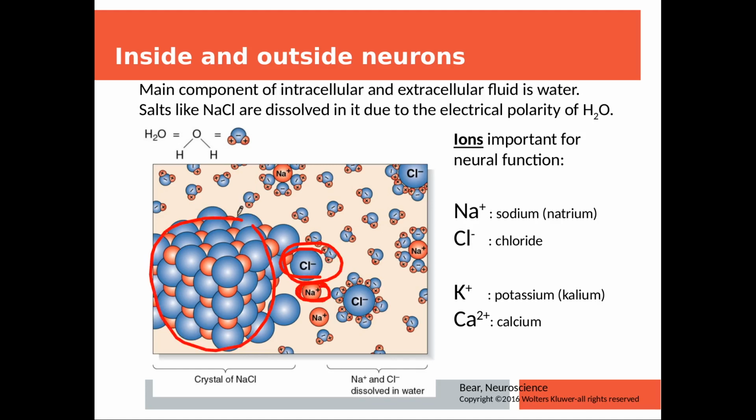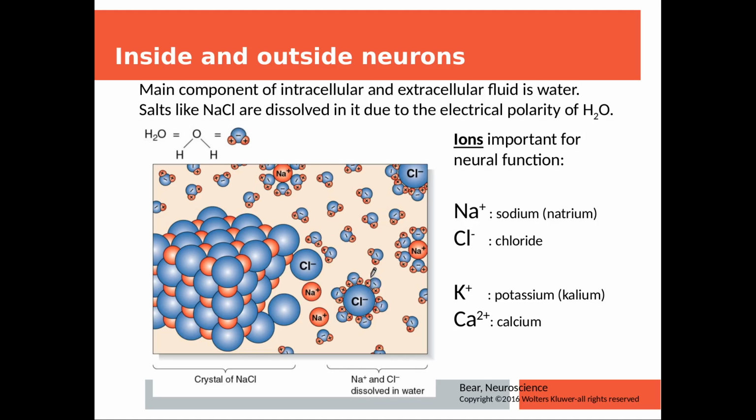This is a crystal of salt, and then the water sort of breaks it down. And you can see that since water is polarized, it has sort of a positive side and a negative side, a property of water that arises from the way it's formed out of oxygen and hydrogen.